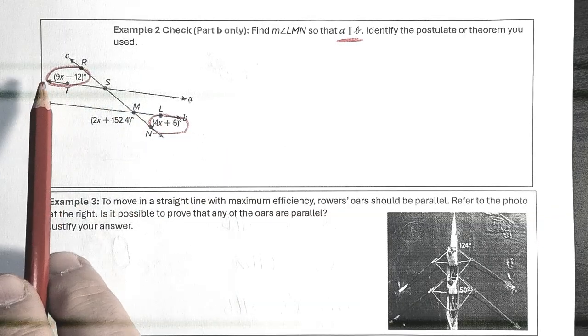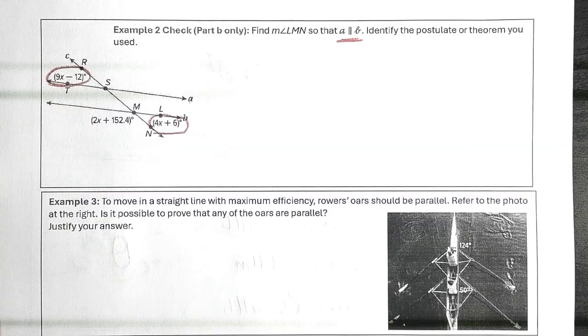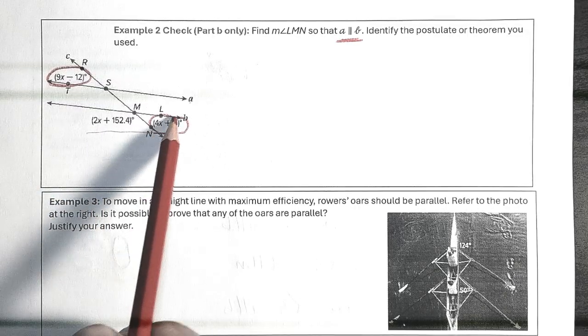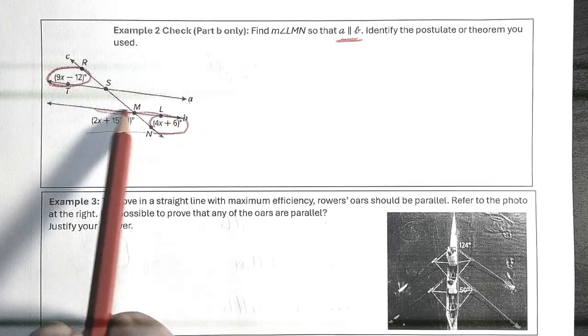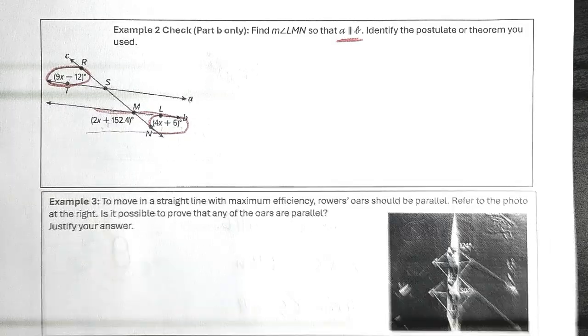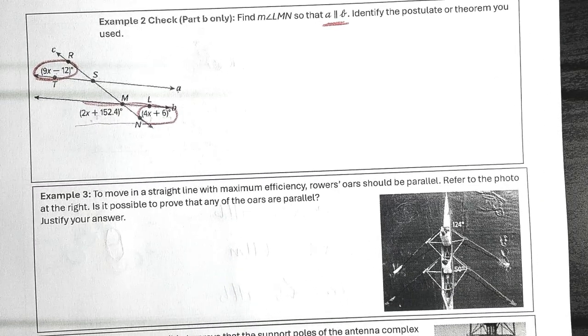So they would be congruent. So put those equal to each other to solve for x. Plug it back in to make sure this whole thing, because both of these angles make up that straight line, should equal 180. So there's your hints. You work the rest of that. Find the value of that angle so that those two lines are parallel.